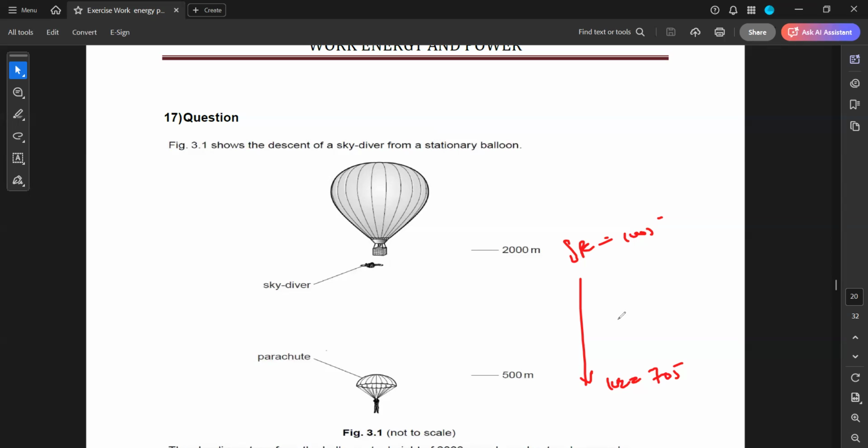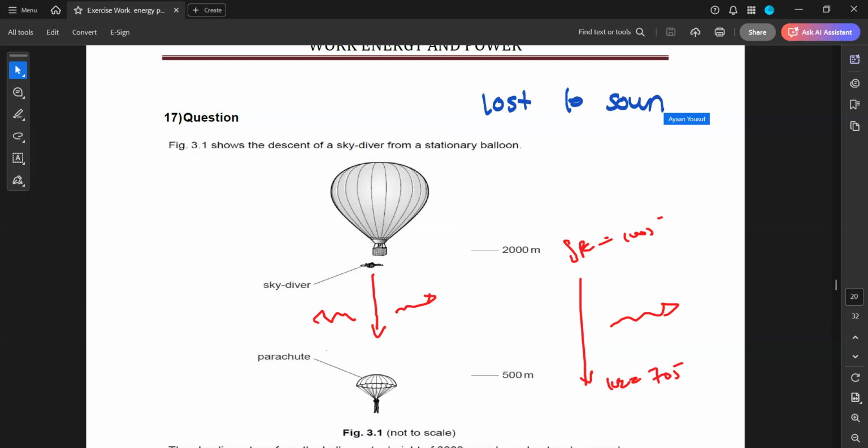Because some of the energy is lost because of the air resistance or the friction. As this skydiver jumps, some of his energy is wasted or lost in the surroundings because of the air resistance. That's why the gravitational potential energy and the kinetic energy will not be the same.